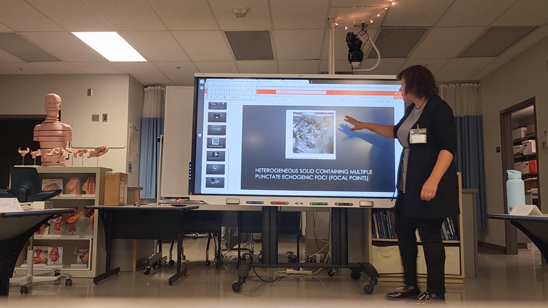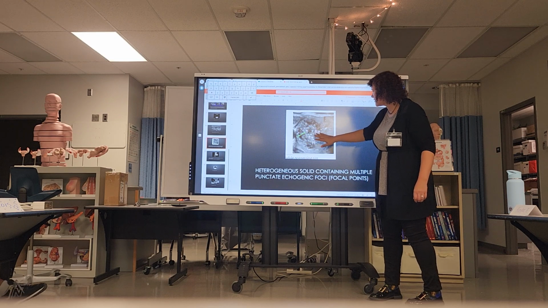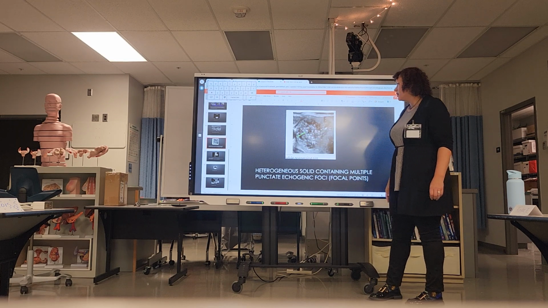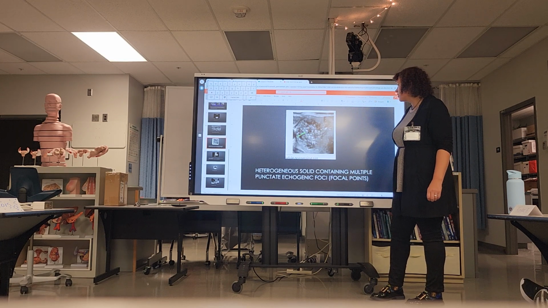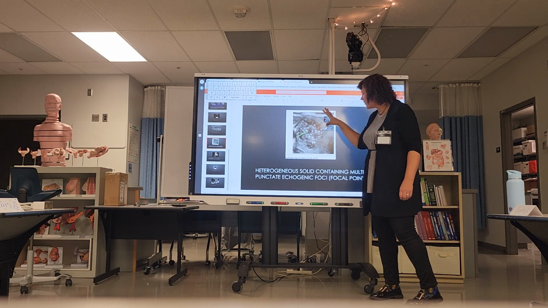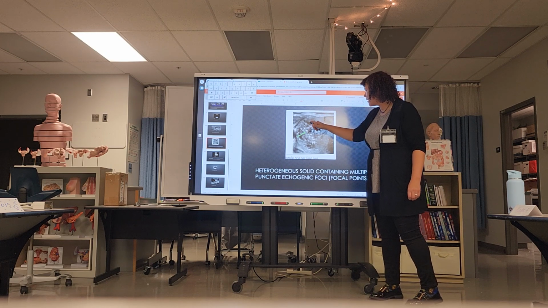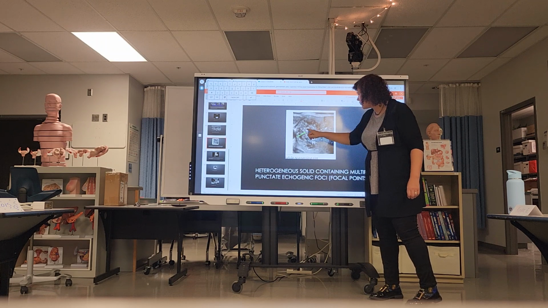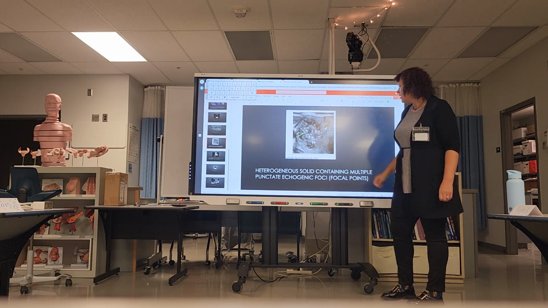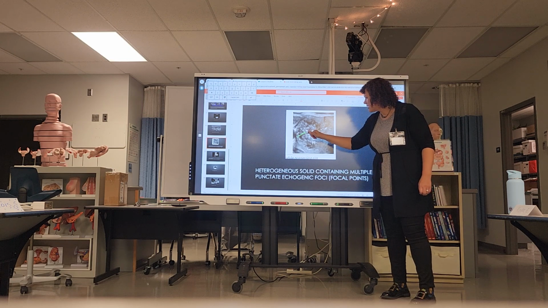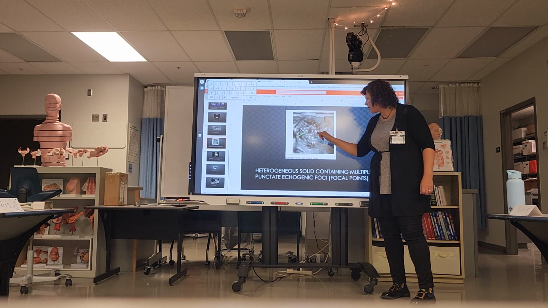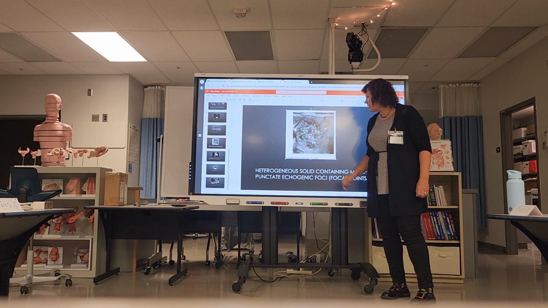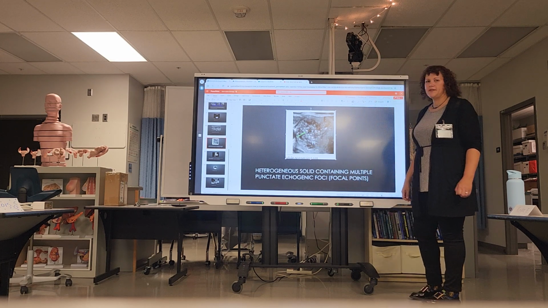Okay, so how would you describe the echogenicity of this? Yeah, heterogeneous for sure. You have every kind of echo in here. You've got some hypoechoic echoes and really echogenic echoes. Do you see this kind of streak coming off each of these punctate foci? That's called a comet tail.